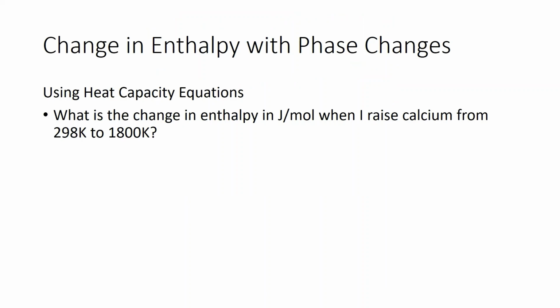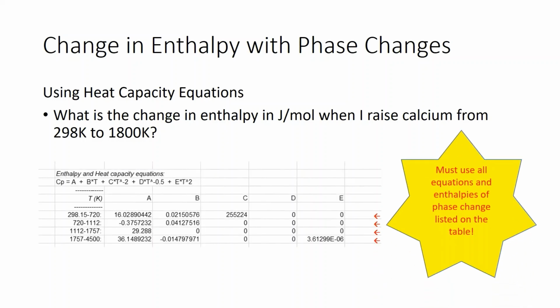So now we're going to do a more complex problem where we're calculating the change of enthalpy using the heat capacity equations, and we're raising calcium from 298K to 1800K. One thing I need to point out is that we have to use all 4 of our constant pressure heat capacity equations, and we also have to take into account the enthalpies of phase change listed on the table.